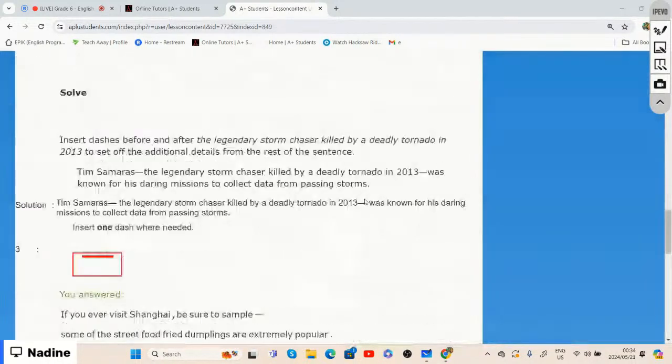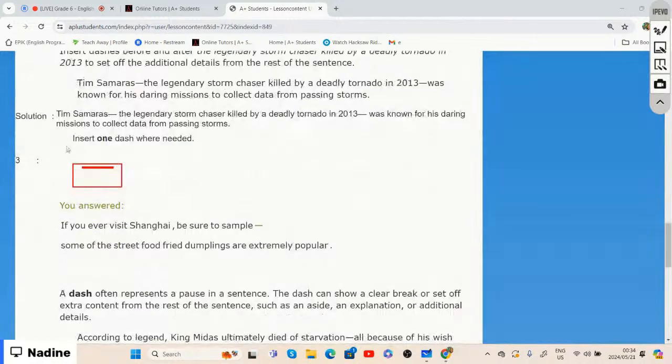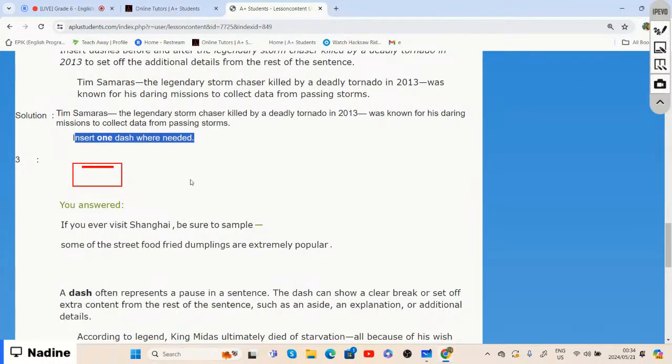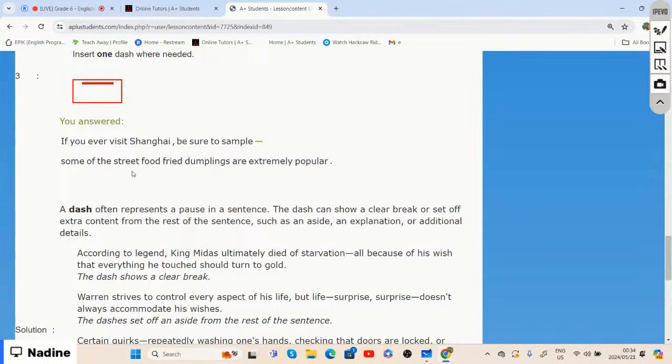Where are we now? All right, oh, I didn't see this one. It says insert one dash where needed. It says, if you ever visit Shanghai, be sure to sample some of the street food.